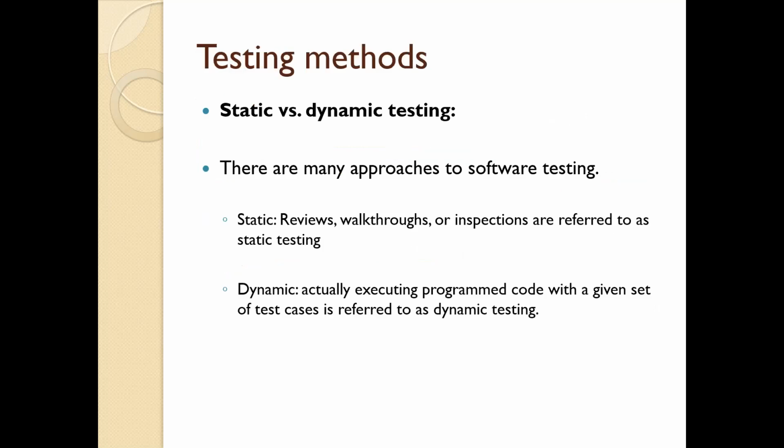Okay, so testing can be divided into static versus dynamic testing, for instance. There are many approaches to software testing. Static just means reviews, a code walkthrough, and they're referred to as static testing. Dynamic is actually executing the program code.